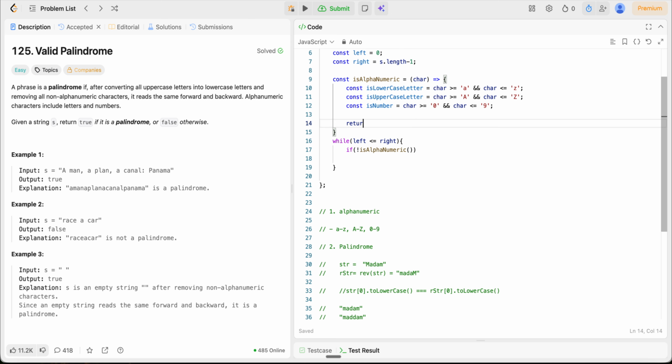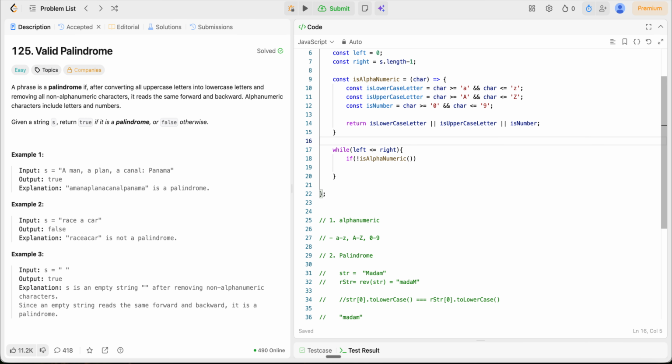And now if it is matching with any of the conditions, I will say that it is an alphanumeric character. Clear so far?